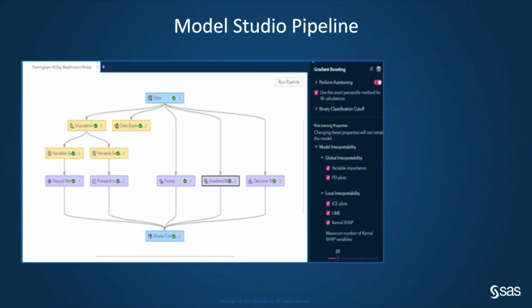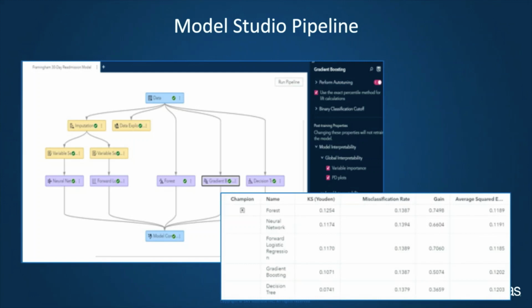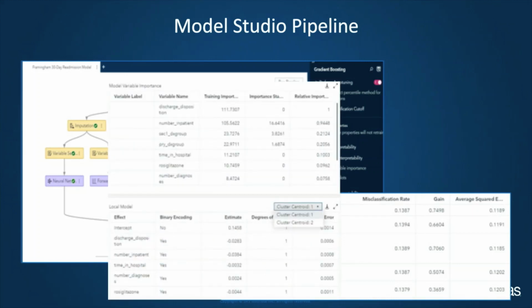The champion model selected after running the pipeline was the forest tree. And from the forest tree, we are able to generate important features, and important features are listed on the slide.